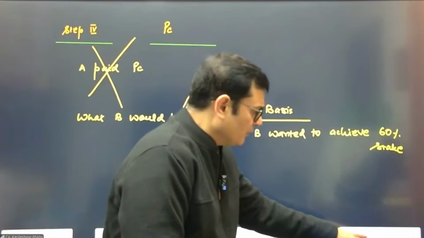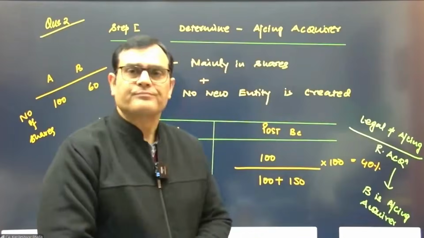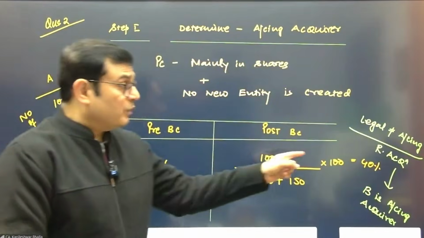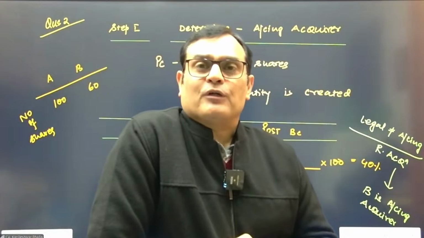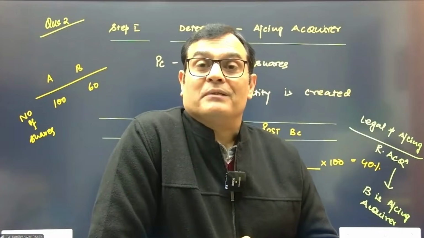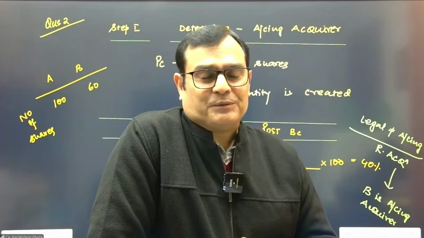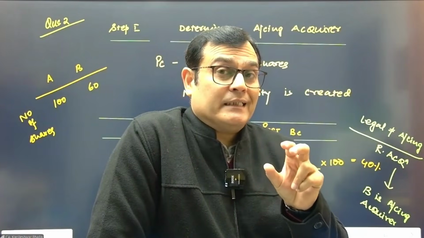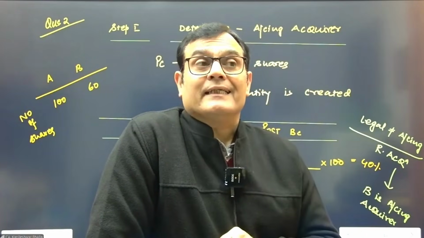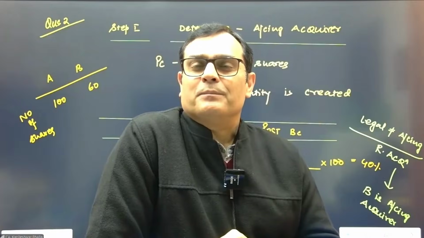Now you will say, where do you get that 60%? Remember, we did the calculations in step number 1 that A gets a 40% stake in the business combination, post-business combination. If the shareholders of A are getting a 40% stake in the post-business combination, then the shareholders of B have got a 60%.